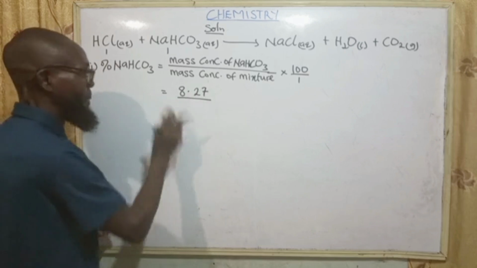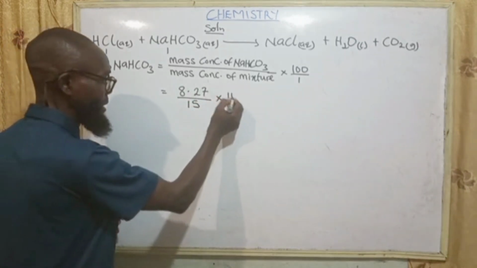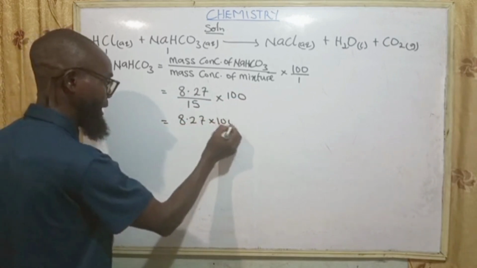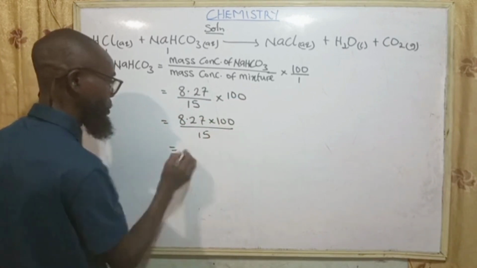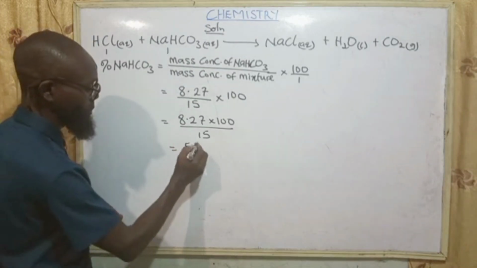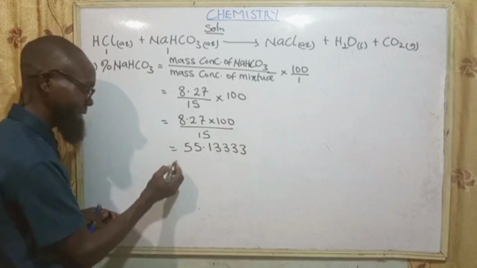Then divided by mass concentration of the mixture, 15, multiplied by 100. So we have 8.27 times 100 divided by 15. So we multiply and divide. We have 55.13333 and so on like that.